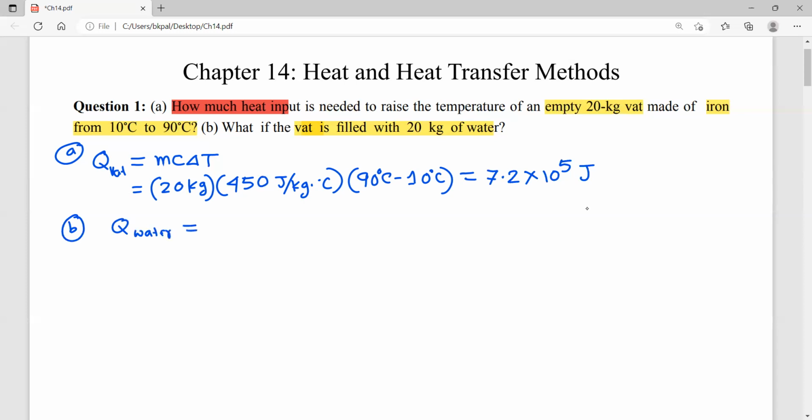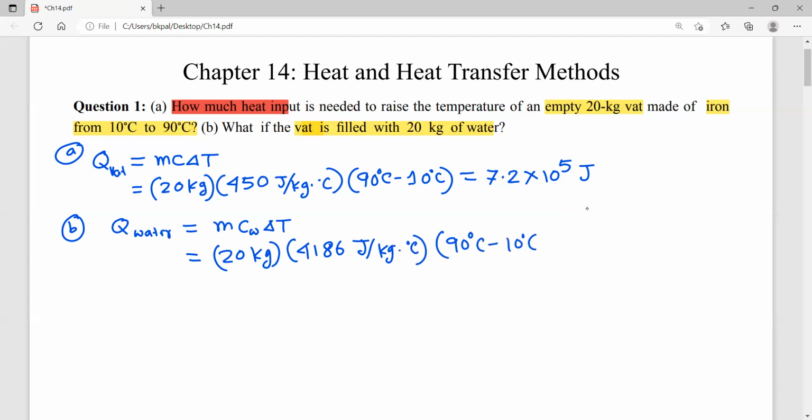For water, it will be m c water delta T. m is again 20 kilogram because we have 20 kilogram of water, and for water, c_w, the specific heat capacity, is 4186 joule per kilogram per degree Celsius, and this is again 90 degrees Celsius minus 10 degrees Celsius. So this is equal to 6.7 times 10 to the power 6 joule.